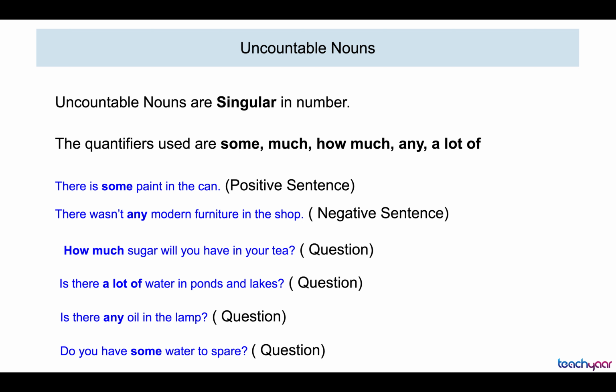Again we are using the determiner some. So in the case of a positive sentence, and in the case of a question, we have used some. And in different situations, we use either any, a lot of, or if you're asking a question, how much. So this is how we frame sentences with uncountable nouns, which are always singular in number.